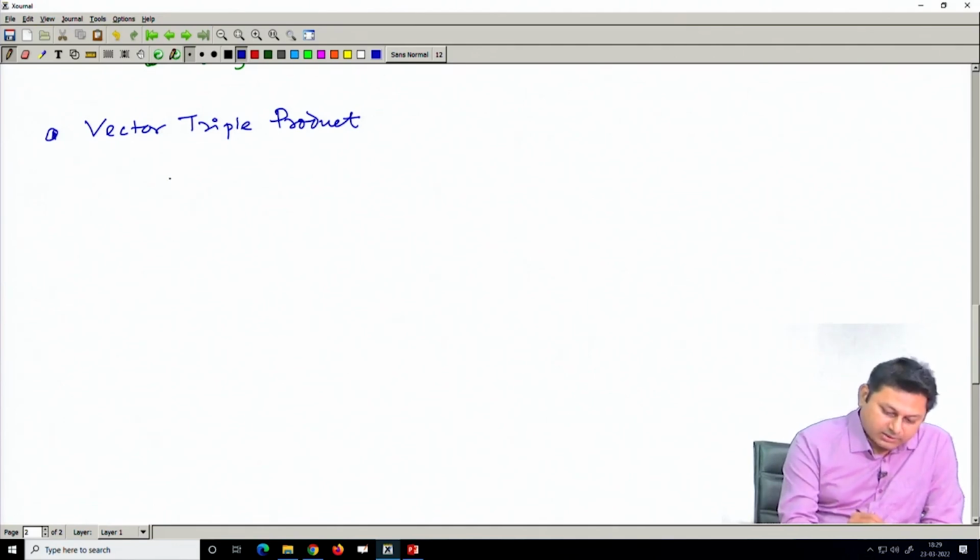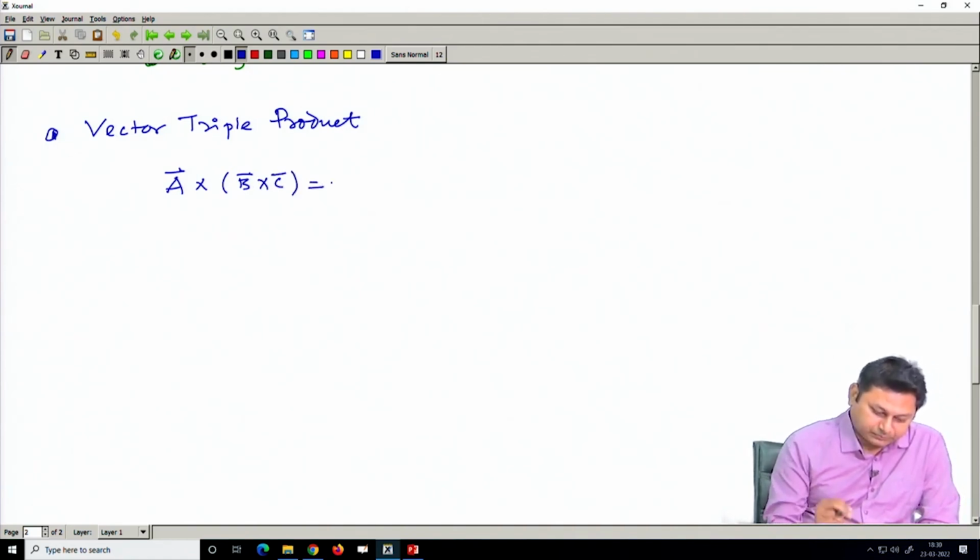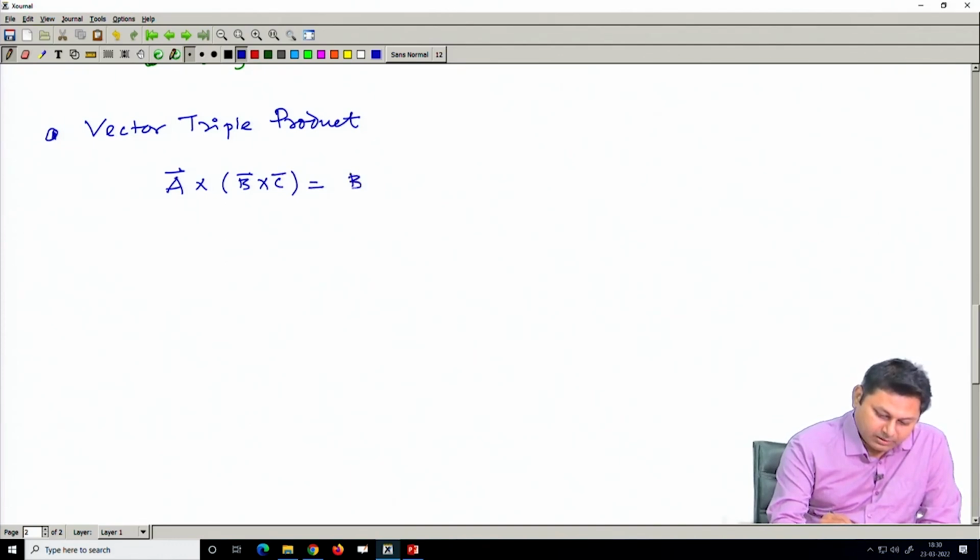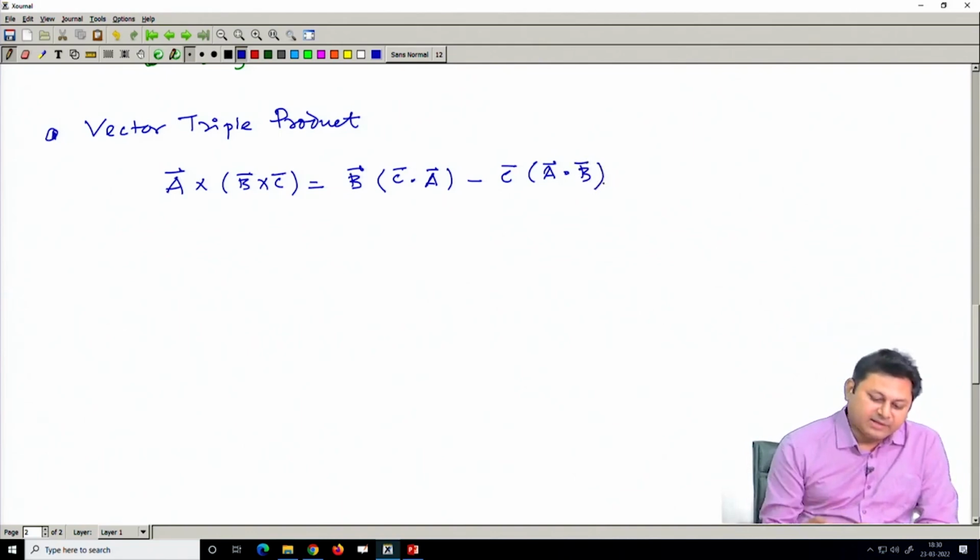For the vector triple product, we have a very interesting identity: A cross B cross C is equal to B times C dot A minus C times A dot B. So, you can see that on the left hand side it is A cross B cross C, so eventually this is a vector quantity.